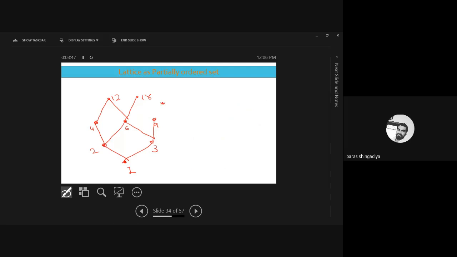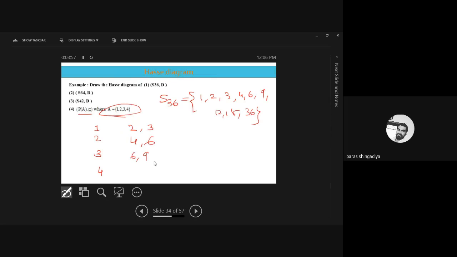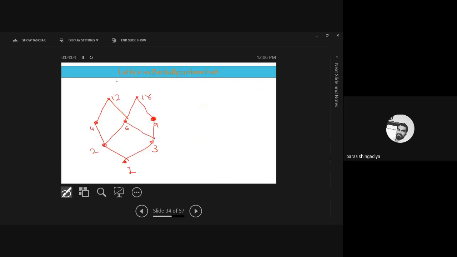So 9 is already assigned, so connect 18 with 9. That is the place of 9. And then 36 is also remaining. So assign the 36 now to that place, 12 with 36 and 18 with 36. That is the S diagram you will get for S36. Okay.